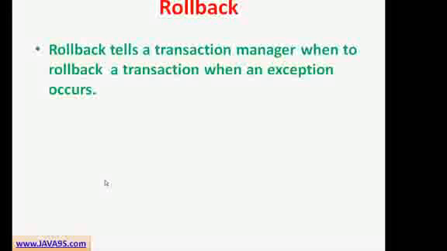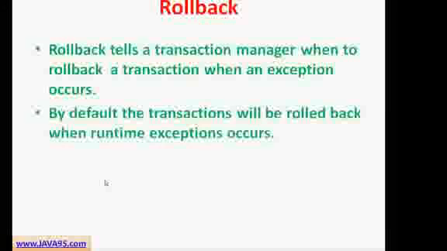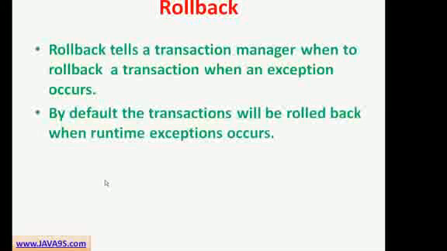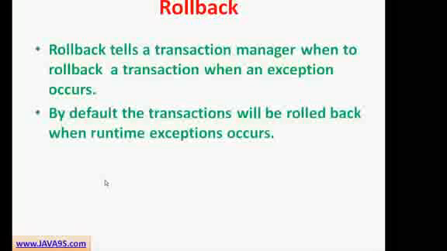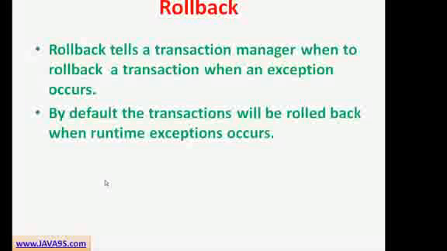But still, you can go ahead and mention that whenever there is a checked exception, the transaction should get rolled back. So by mentioning the exception explicitly, whatever exception occurs, you can tell the framework that the transaction has to be rolled back.